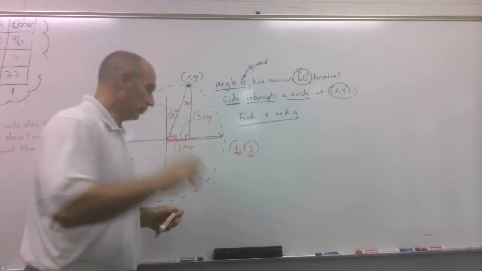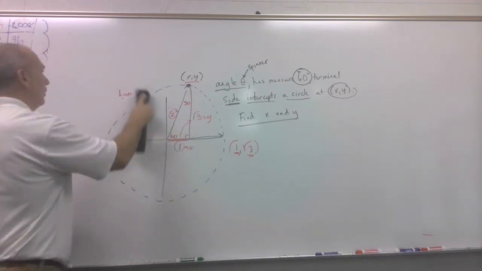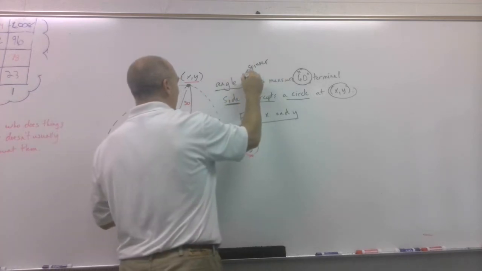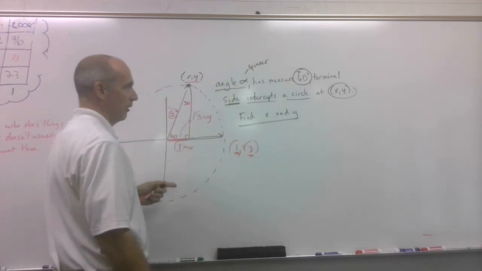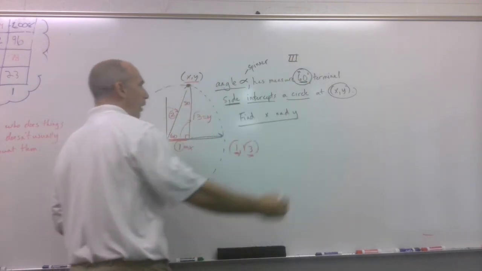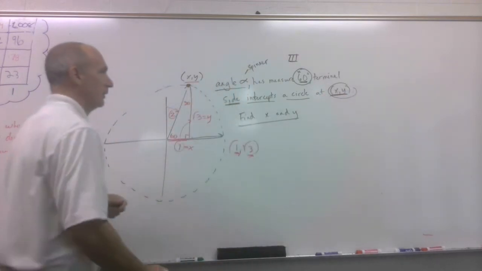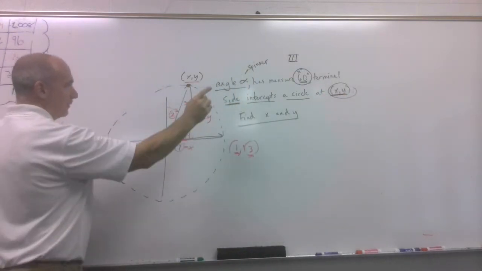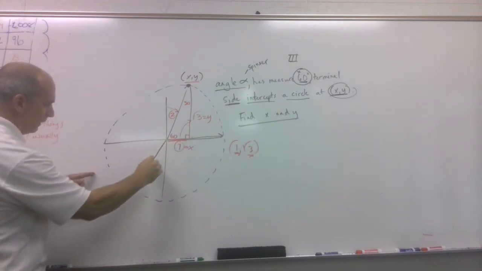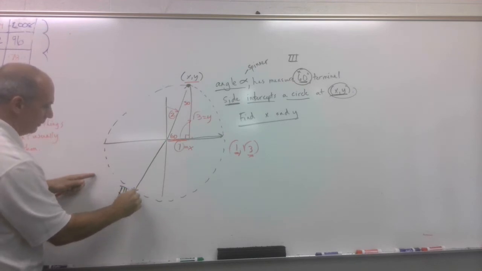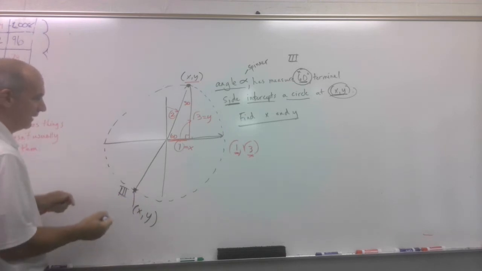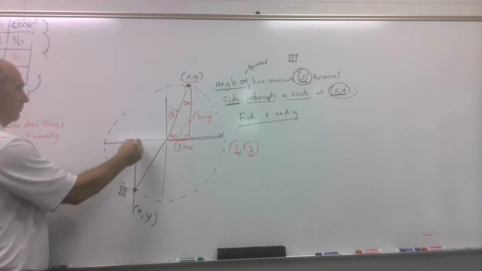Now what if they threw an additional thing at you, and they said the reference angle, which they seem to use alpha, is 60 degrees and it's in the third quadrant. What would the end of the spinner be? So that's like, okay, my reference angle is 60 degrees in the third quadrant. My spinner had to stop right about here. So there's the point, x, y, and you got to find it. Well, you're going to create your triangle.